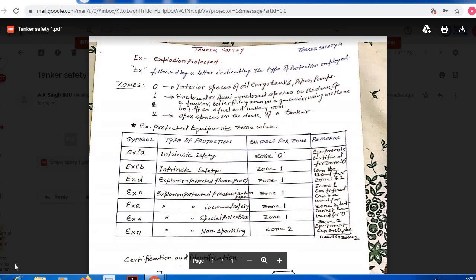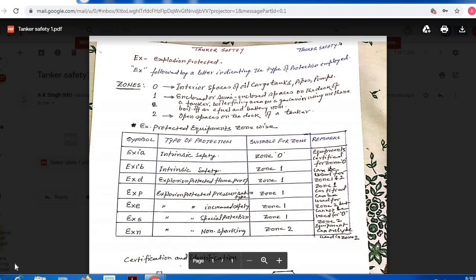Then we talked about the tanker classifications. We talked about the 4 types of tankers, and while discussing the type A tanker, I had mentioned that these tankers are intended to carry oil in bulk, having a non-flammable liquid of temperature up to 60 degrees.